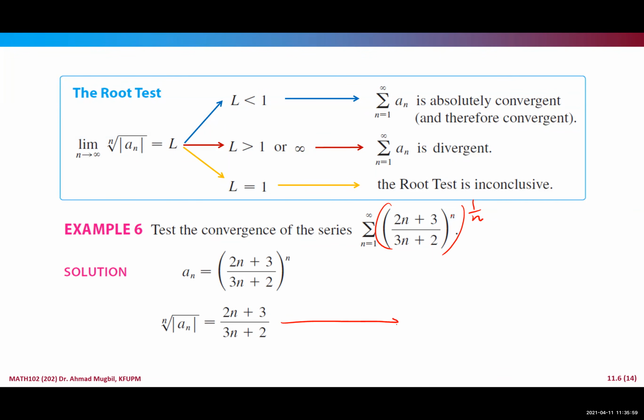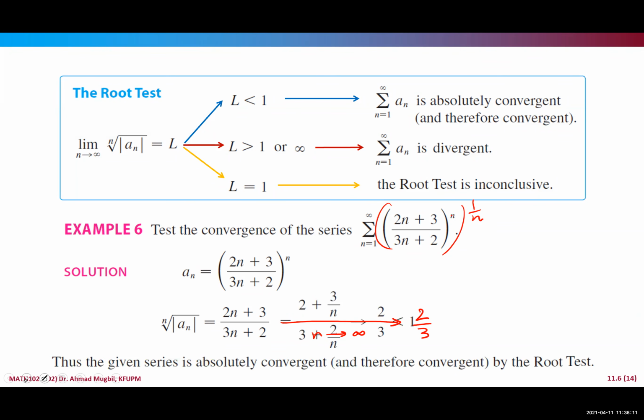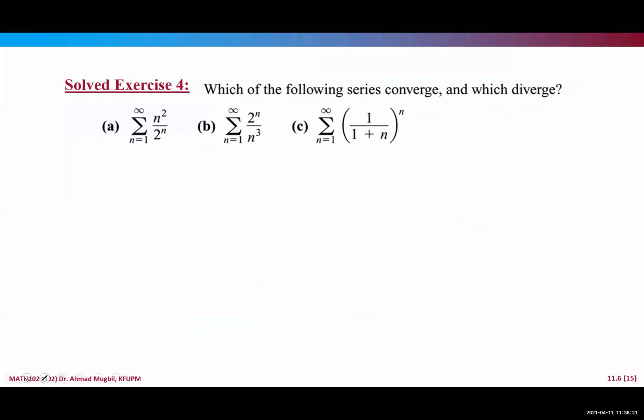And this goes to what, ya shabab, when n goes to infinity? It goes to 2 over 3, clearly 2 over 3, which is less than 1. So this series is convergent, absolutely convergent. By which test? By the root test.